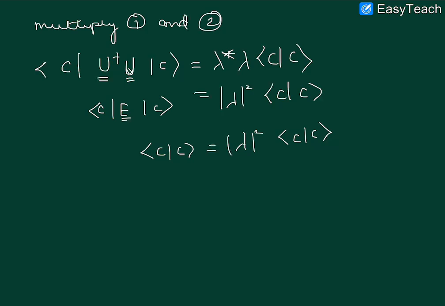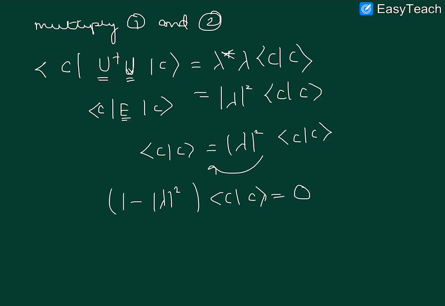Now bring this to the left hand side: (1 minus lambda square) C dagger C equals 0.